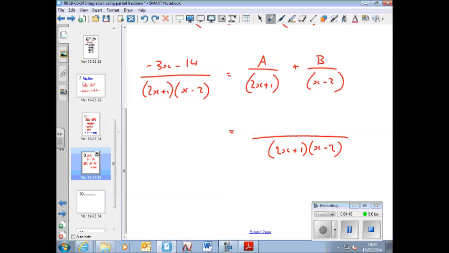But A has got to be multiplied by the x minus 2 term, remember, and B has got to be multiplied by the 2x plus 1 term. So we just combine our two fractions together to get that. So first step, separate into the two separate factors and then recombine them to get this.